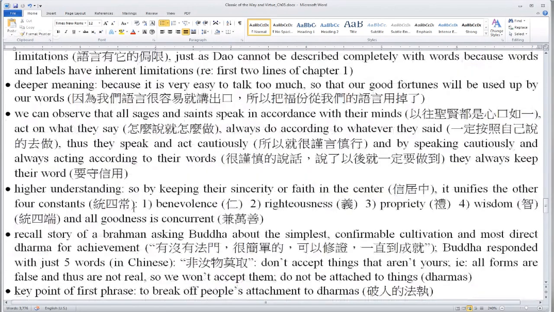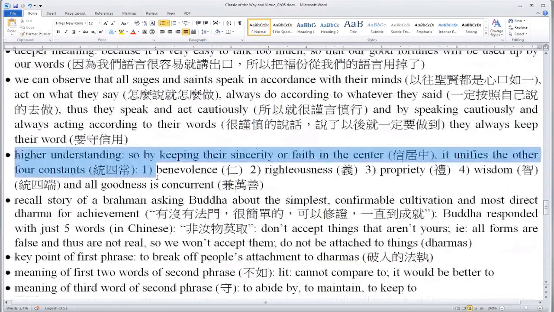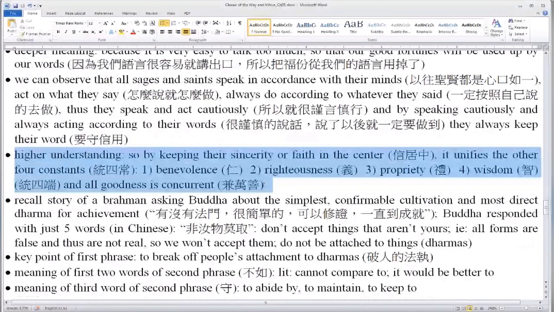So the higher understanding is this, and it is important. By keeping their sincerity or faith in the center, 信居中, remember those eight virtues we talked about? The fourth virtue is sincerity, faith, trust. In the center means at the core.